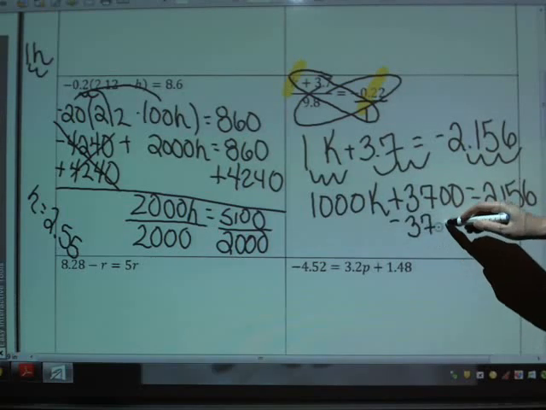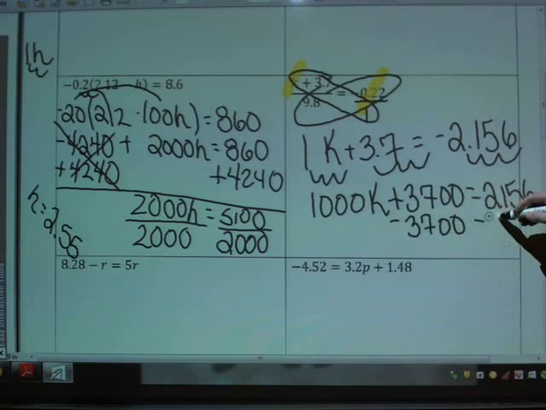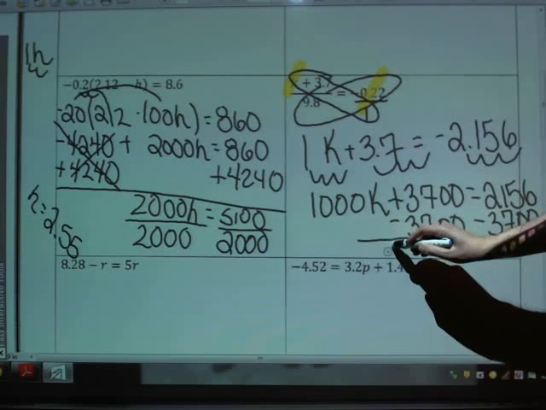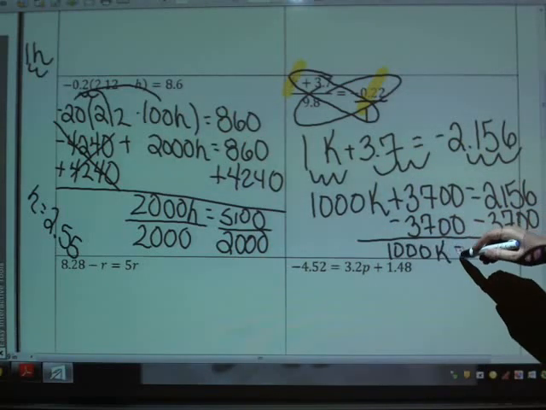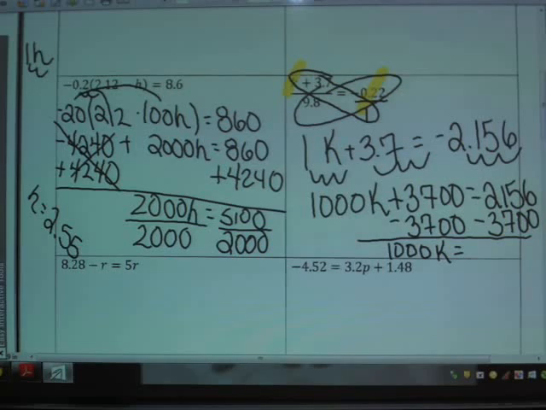Again, when I want to move something to the opposite side, I do the opposite. And since 3,700 has an addition sign in front of it, the opposite is going to be to subtract. So I've got 1,000k equals negative 1,544.